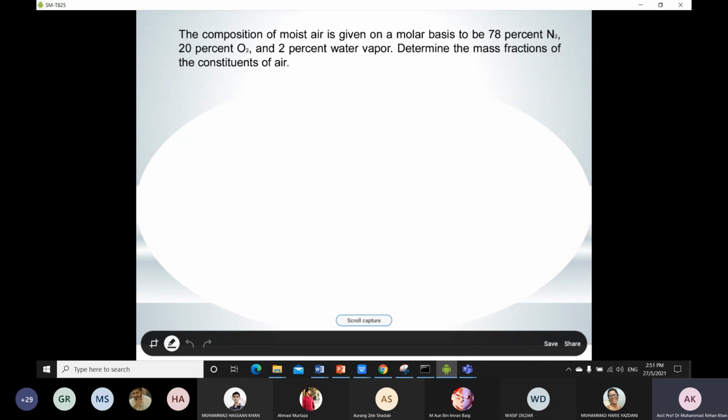First, it is mentioned that it is moist air. Basically, moist air is composed of many other different gases as well, for example neon and others, but the amounts are very small, so we ignore them. We just say that it is dry air, and we assume that it consists of nitrogen, oxygen, and some portion of water vapor.